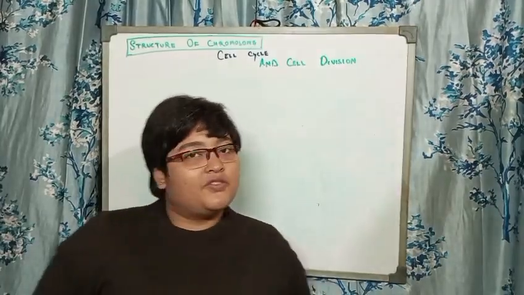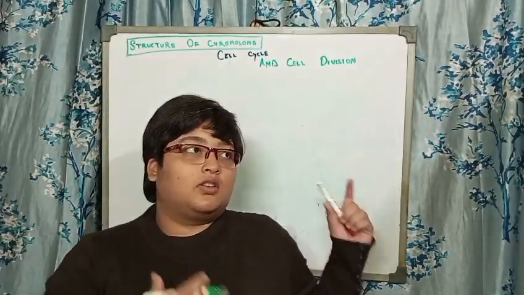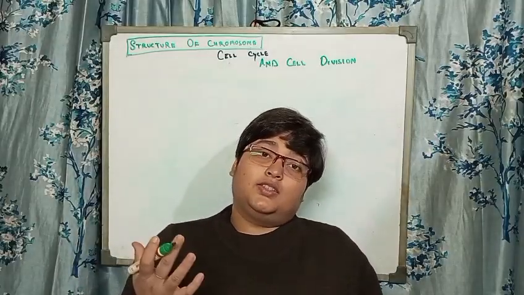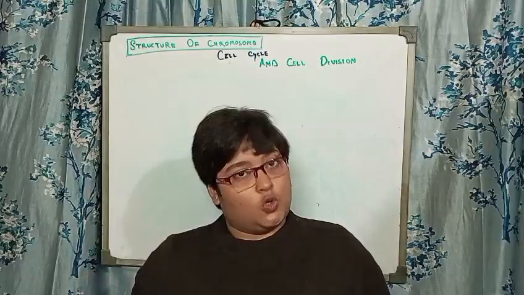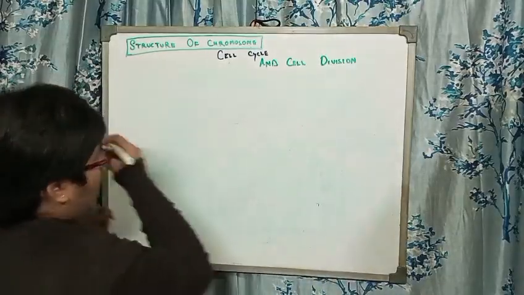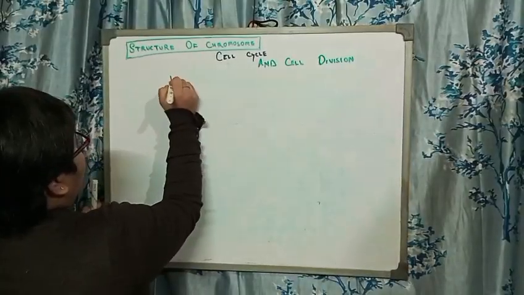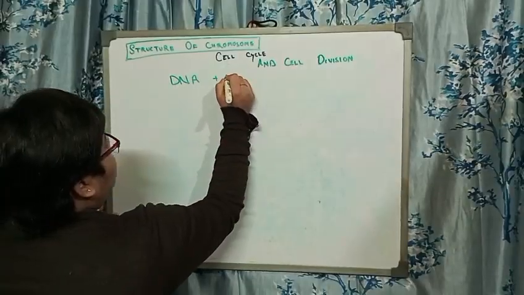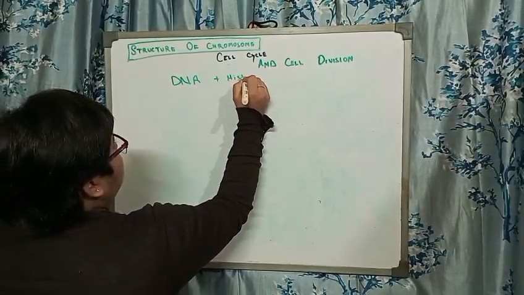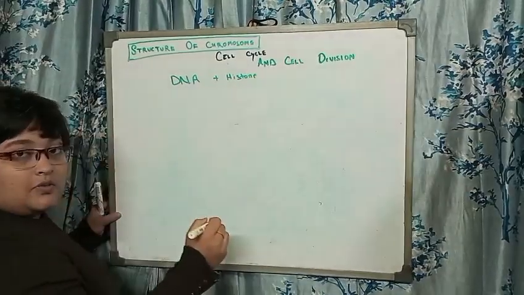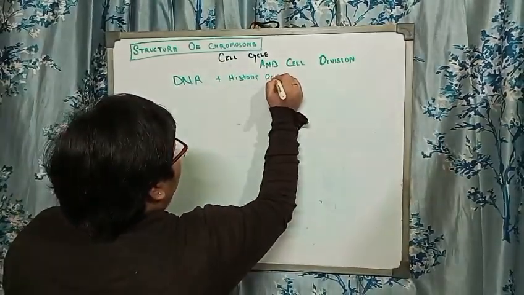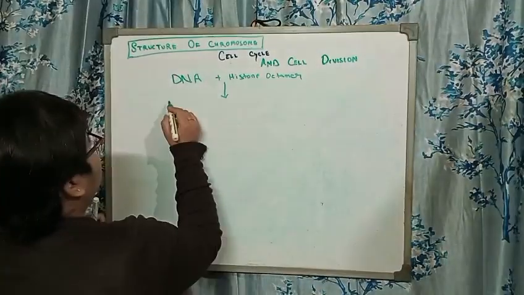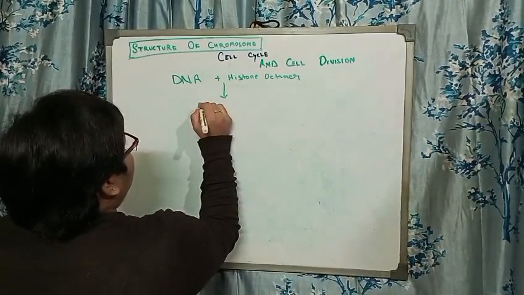We have learned in our previous video what a chromatin fiber is made up of, and that is the main component of chromosomes. Fine. So we have learned that DNA and histone octamer basically, these two together form nucleosome.